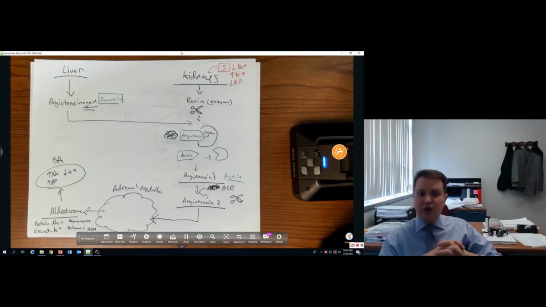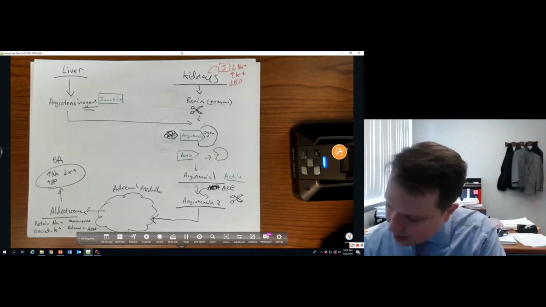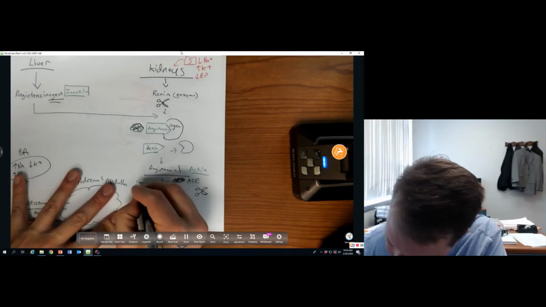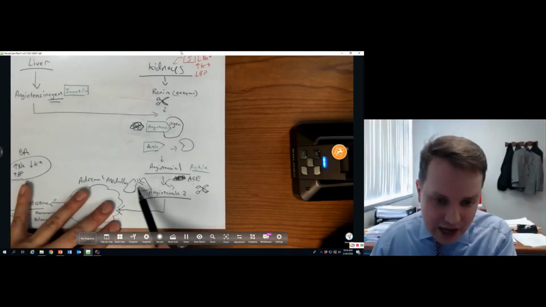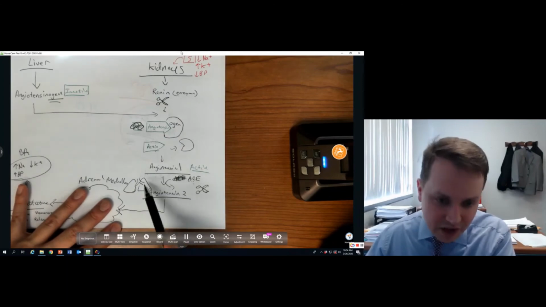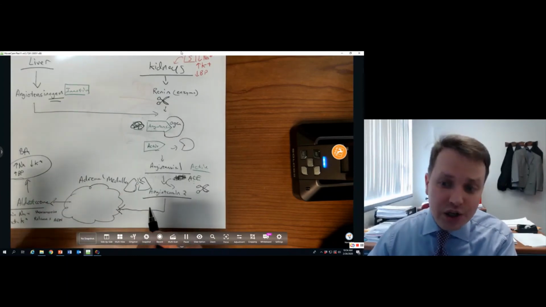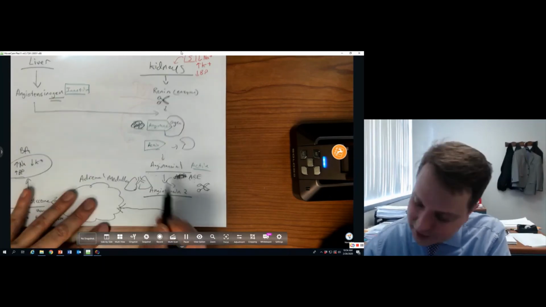Now, there's a few things I want to mention here real quick. This is for later on when you guys are in healthcare. This reaction here, ACE, happens in the lungs. What is one of the single most common lisinopril or ACE inhibitor side effects?